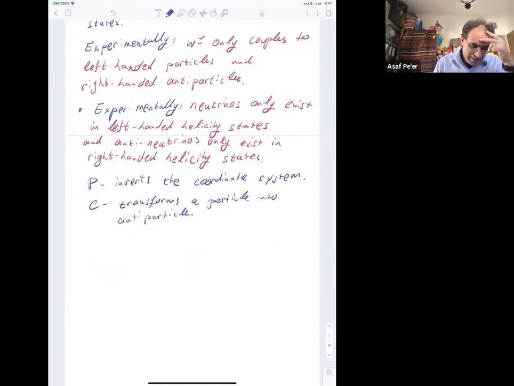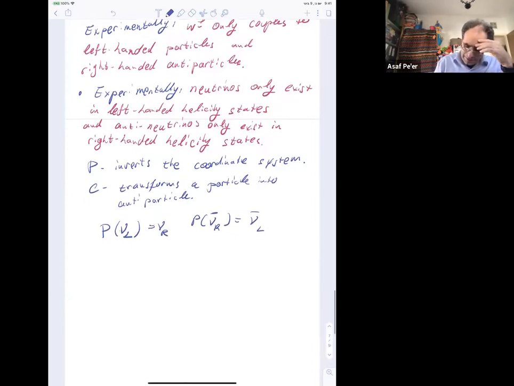Because if I take a left-handed neutrino and a right-handed antineutrino, which do exist, and act on them with P and C, what we get is that P on a left-handed neutrino gives me a right-handed neutrino, and P on a right-handed antineutrino gives me a left-handed antineutrino. And C on a left-handed neutrino gives me a left-handed antineutrino, and C on a right-handed antineutrino gives me a right-handed neutrino, right?